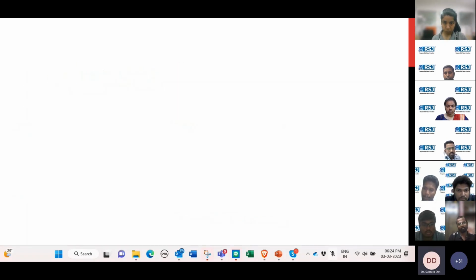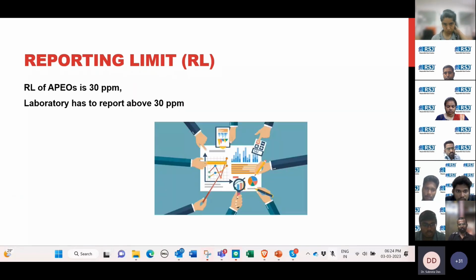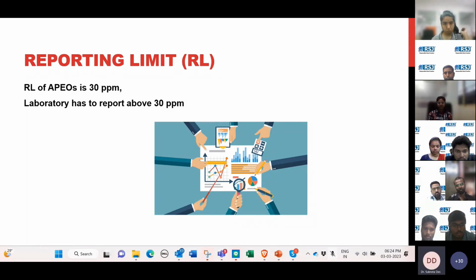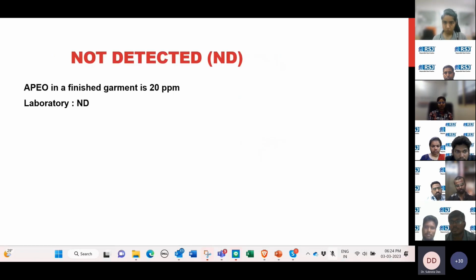Suppose APO in a finished garment is 20 ppm, but the laboratory equipment starts from 30 ppm onwards. The laboratory will report not detected, but actually it is present in the garment. So these are the tricks behind choosing a particular instrument, and one has to tackle this situation carefully when anybody wants to do certain testing.